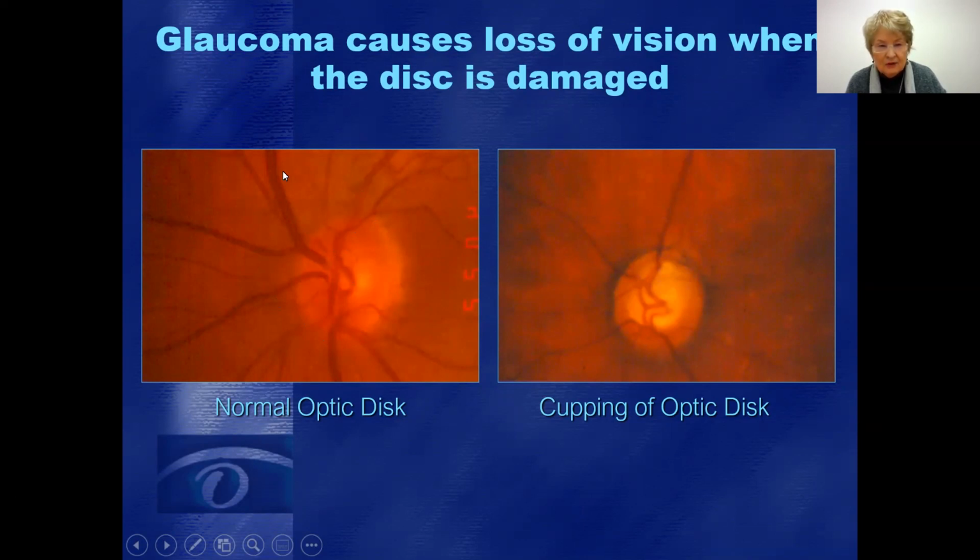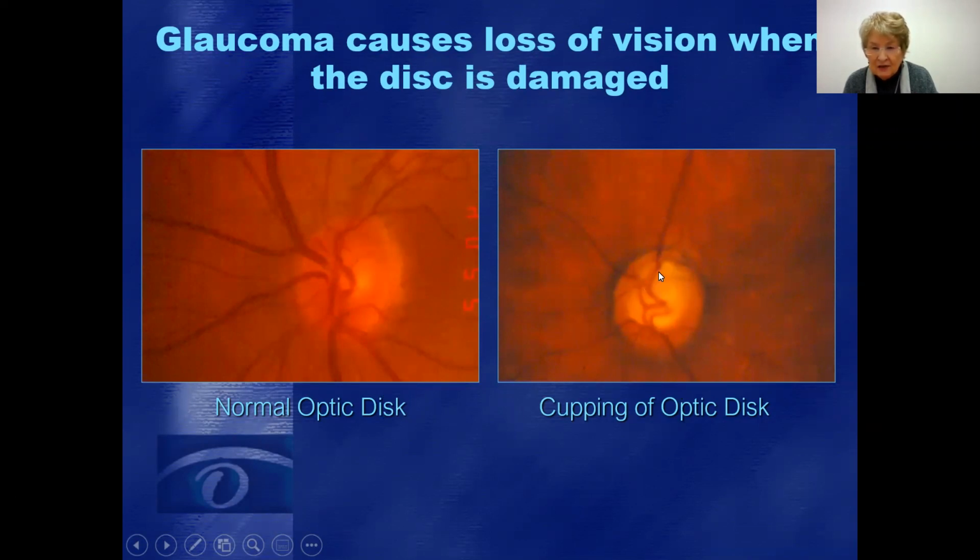So this is the optic nerve right here. And in the center, this part that looks a little bit yellow is called the optic disc. In someone with normal pressure, the disc is small and not even that noticeable. Look what happens with someone who has had bad glaucoma. We call this cupping of the optic disc.